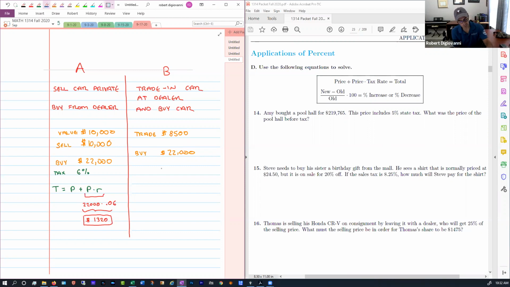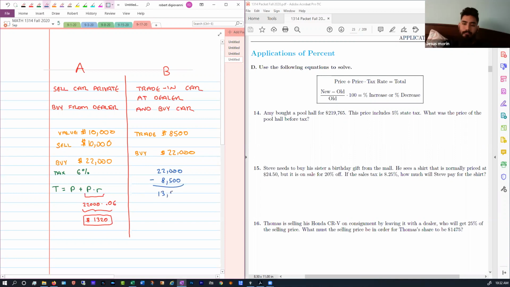So if I take this $22,000 and I subtract my trade-in value, what's that going to be? I can't do simple math right now. 11, 13, 13.5, is that right? Yeah, 13.5. Someone double check me, please. You're right.